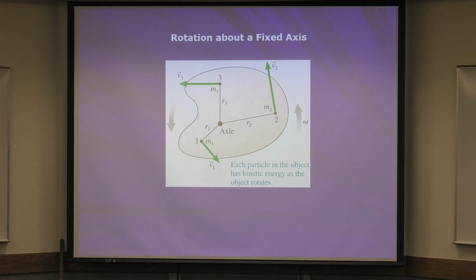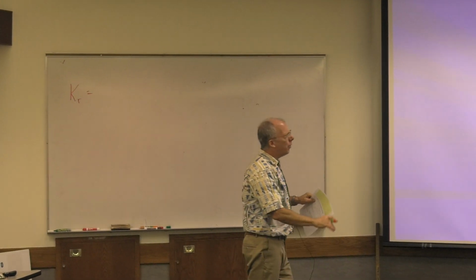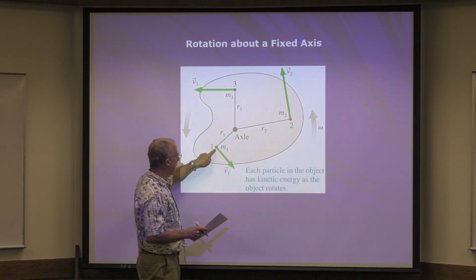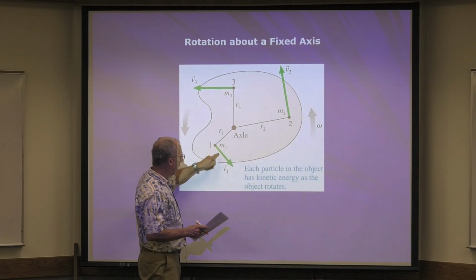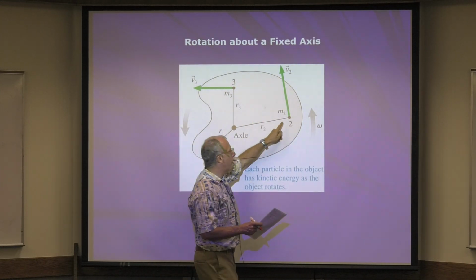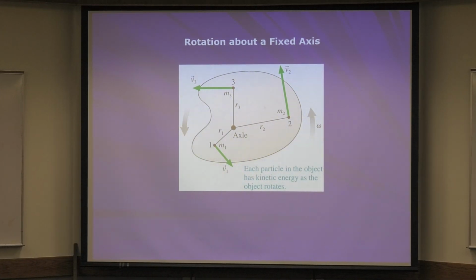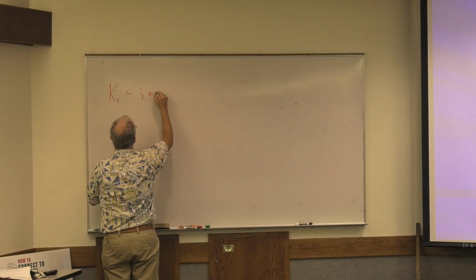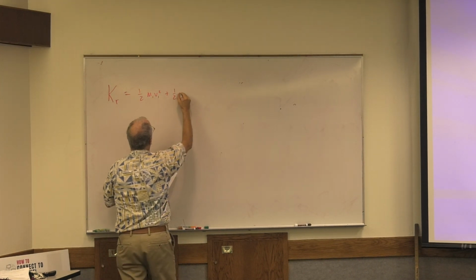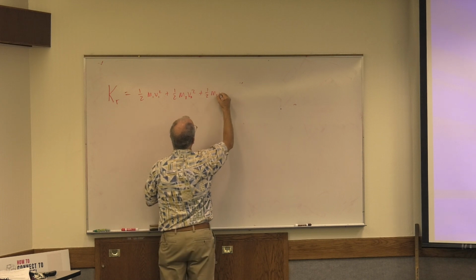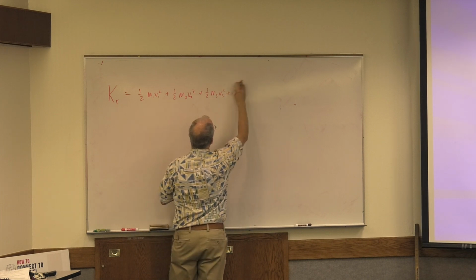Okay, here we go. So we want to calculate the total rotational kinetic energy. And we're only going to do 3 particles because it's going to be bad enough. All right, so what's the kinetic energy from this guy? 1/2 m1 v1 squared. This one, 1/2 m2 v2 squared, and so forth. So we're just going to say 1/2 m1 v1 squared plus 1/2 m2 v2 squared plus 1/2 m3 v3 squared plus on and on and on.